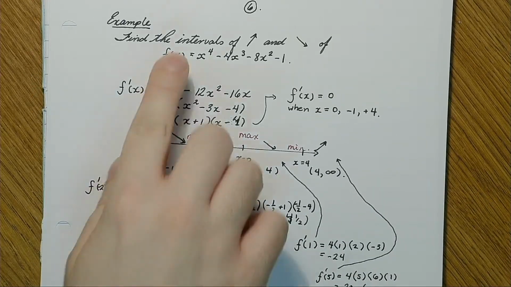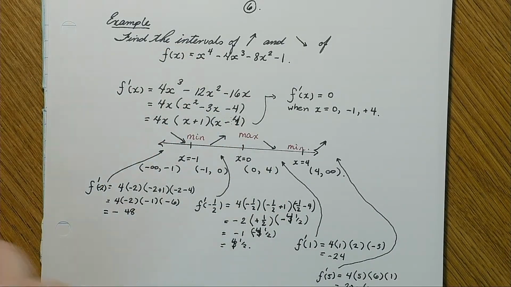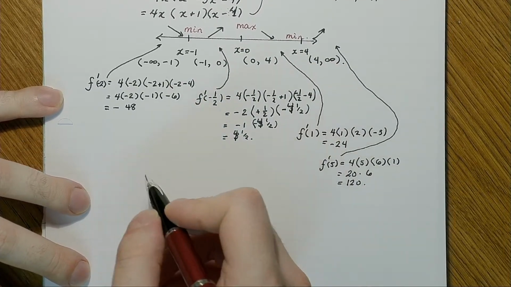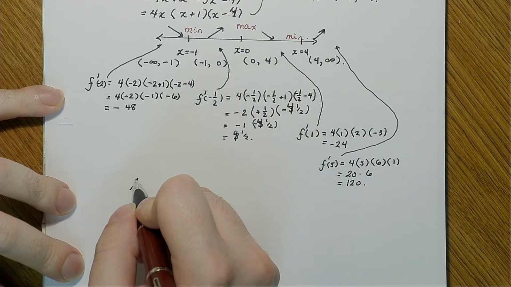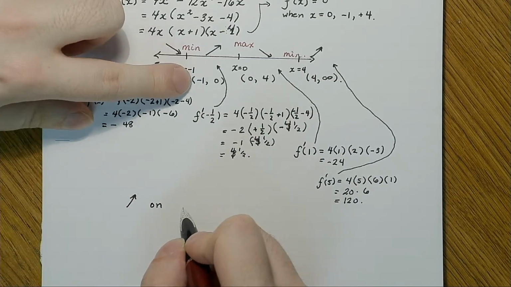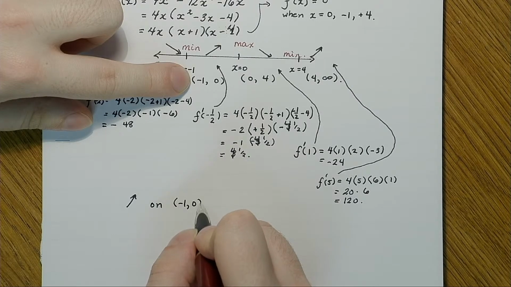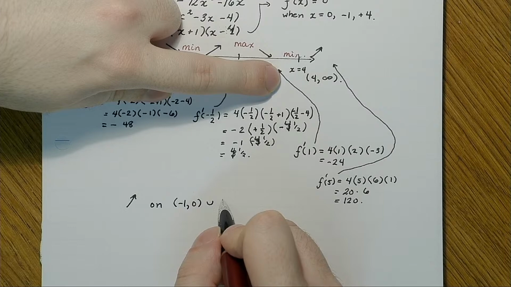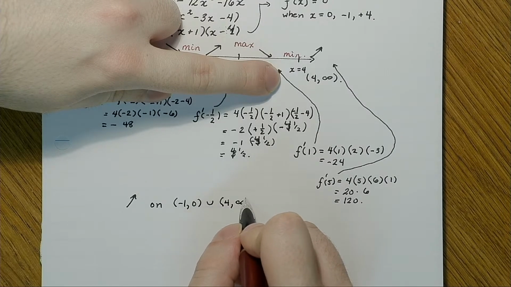But it asked where the intervals are increasing and decreasing. So again, it is increasing on this one, which is -1 to 0. Or it's also increasing on 4 to infinity.